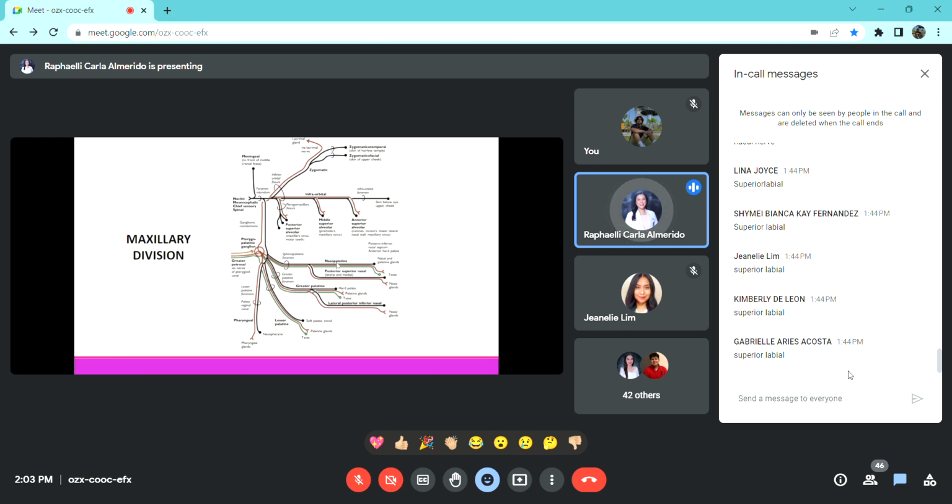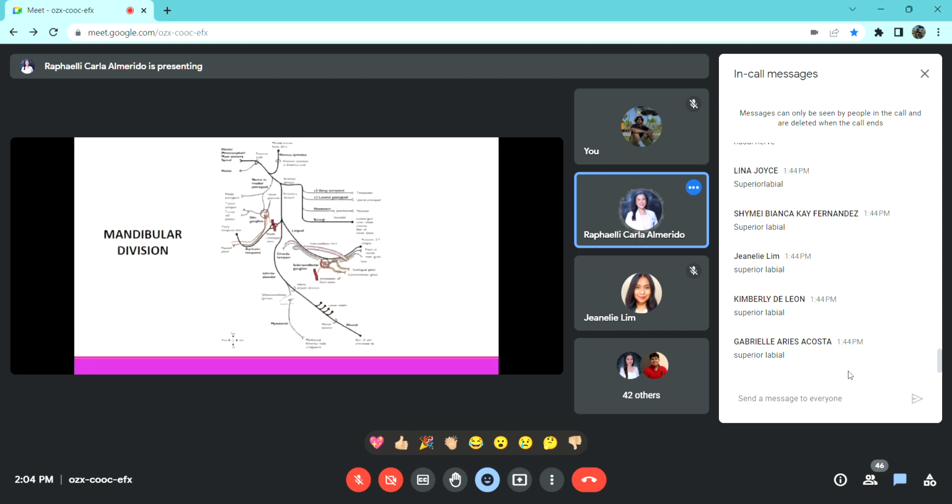And its branches: your nasopalatine, greater, lesser palatine, and the pharyngeal branch. Tapos meron pang mga terminal nerve endings that innervate some structures within a more anterior region. And then lastly will be your mandibular division.